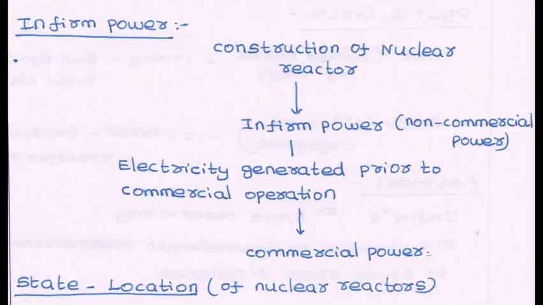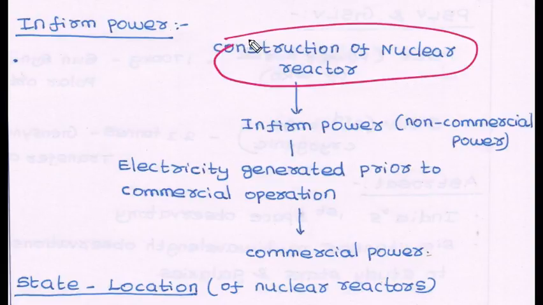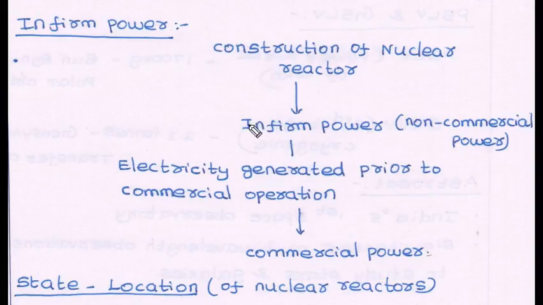Now let's discuss infirm power. What do you mean by infirm power? After construction of the nuclear reactor, power is generated. That power is called infirm power. It is non-commercial power and will not be integrated with the grid.